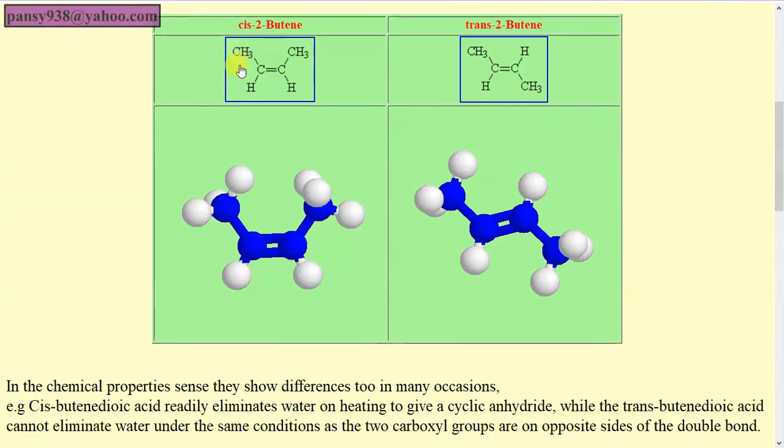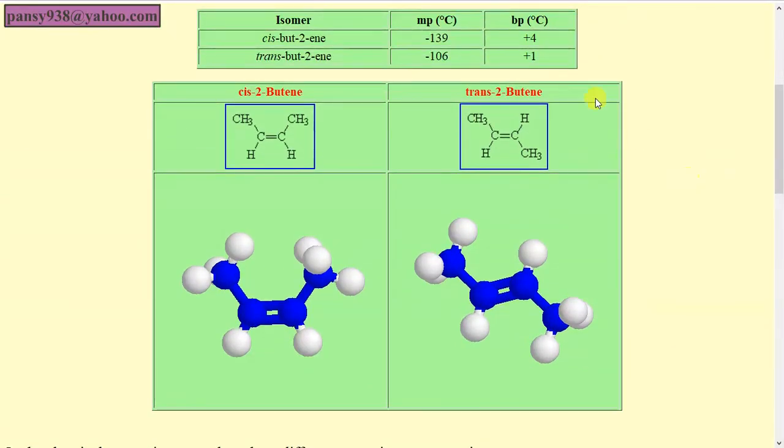You see that both of the methyl groups are on one side of the plane, and in trans-2-butene they are at the trans position, or across the molecule. So the electrostatic forces developed around an atom are quite different in both cases, which results in a difference in their physical characters. And you see that their melting point and boiling point are quite different.